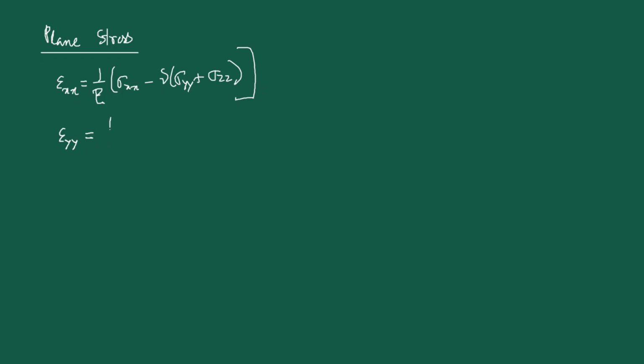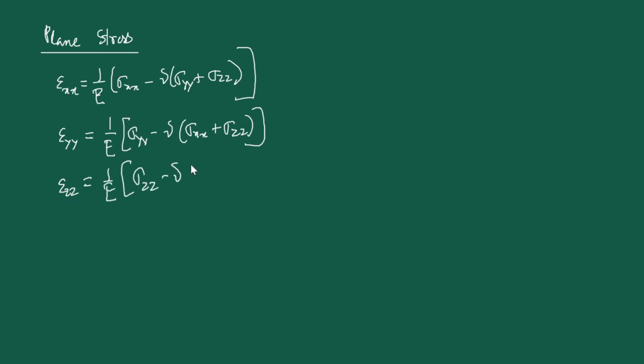Similarly, we have for epsilon yy 1 by E [sigma yy minus nu (sigma xx plus sigma zz)], and epsilon zz is equal to 1 by E [sigma zz minus nu (sigma xx plus sigma yy)]. Before proceeding further, we immediately note that this sigma zz is 0, this sigma zz is 0, and this sigma zz is 0.